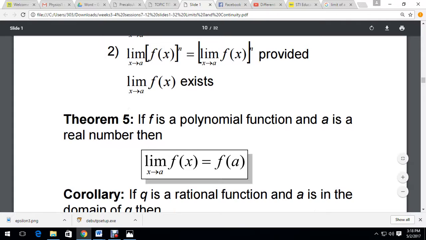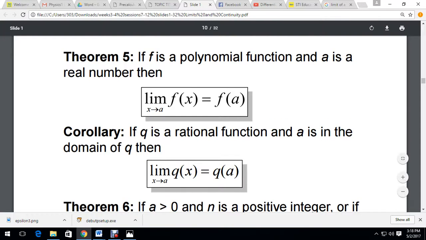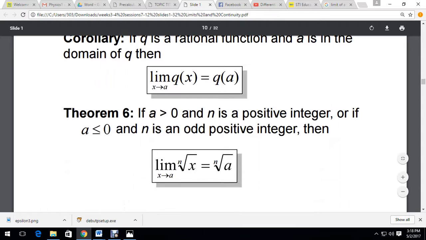Now, number 5, if f is a polynomial function and a is a real number, then the limit of f of x as x approaches a is simply f of a. If q is a rational function and a is in the domain of q, then the limit of q of x as x approaches a is q of a.